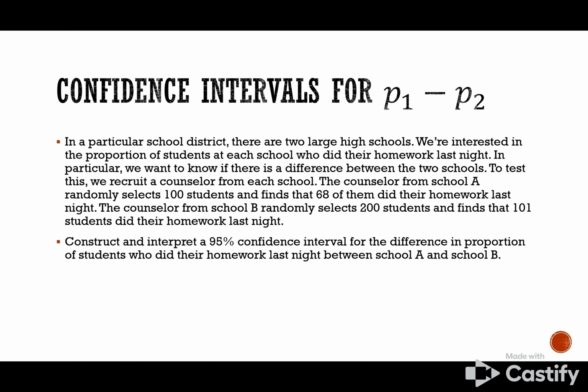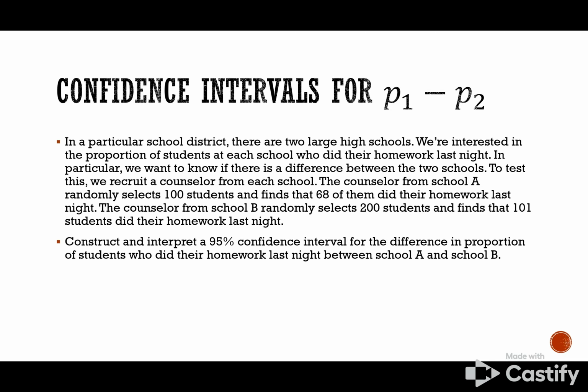We check the random condition, independence for individual data points, large counts for both samples, and then independence of the groups. Take a minute, do that. Okay, you should have found that all of those conditions are met.